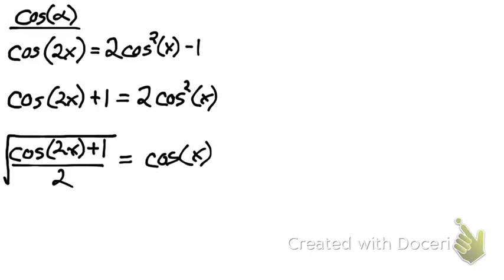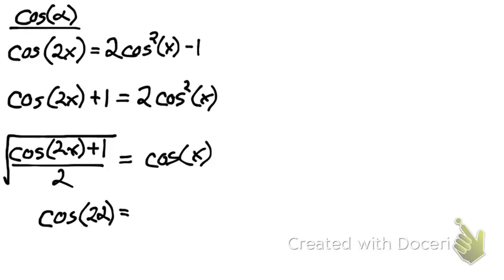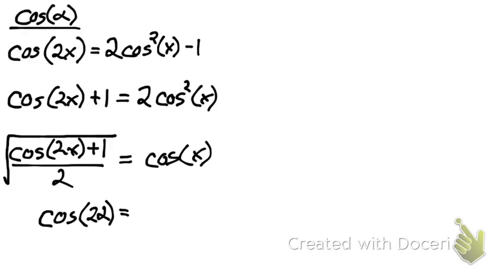Okay, just for quick reference, our cosine of 2 alpha equaled negative 8 over 17. No, it equaled negative 15 over 17. So we're going to take that negative 15 over 17 and plug it in for the double angle there.